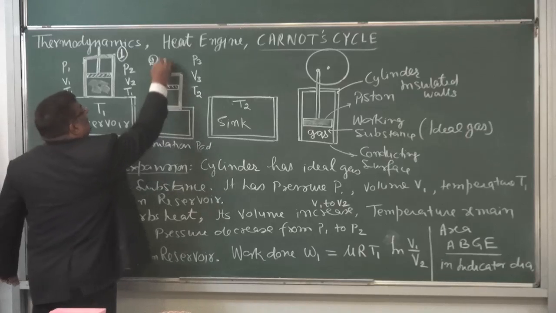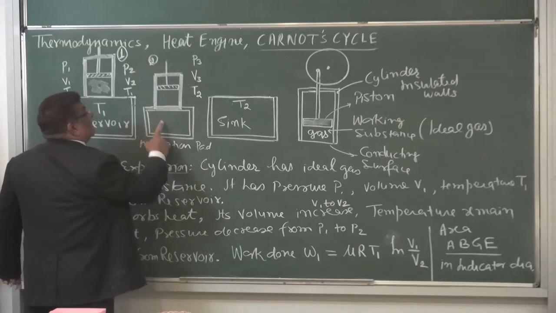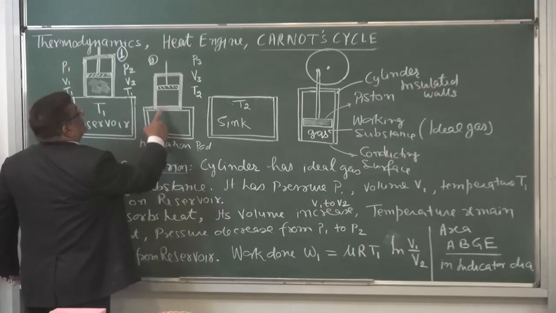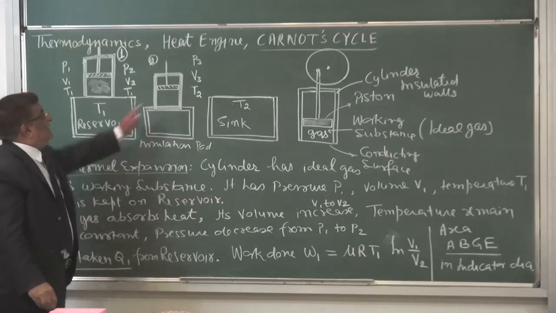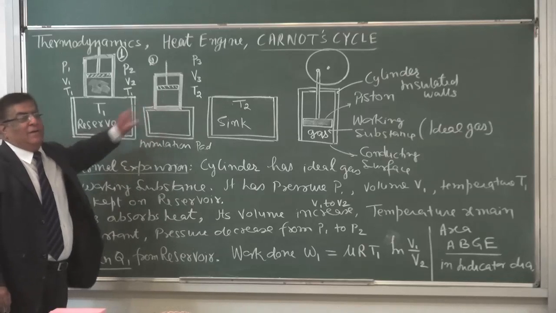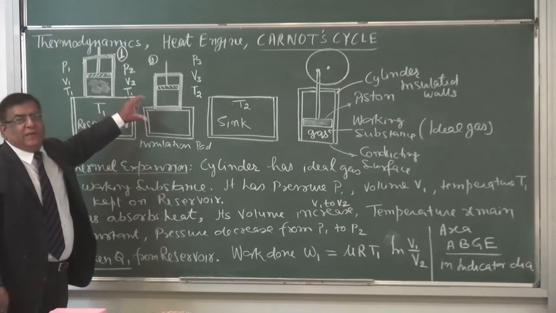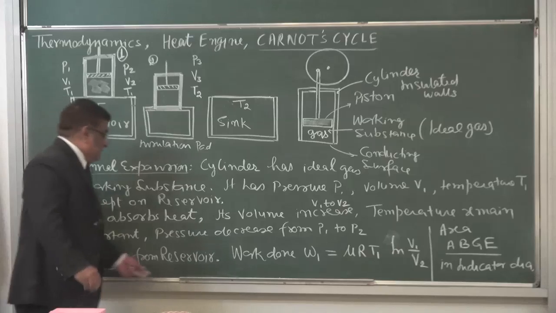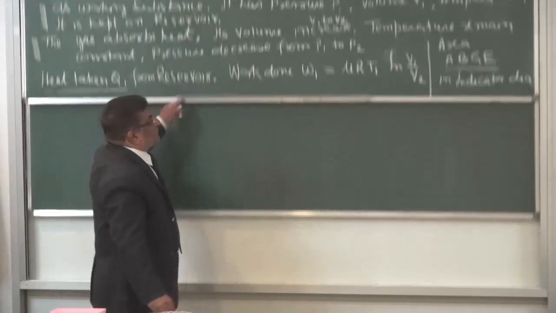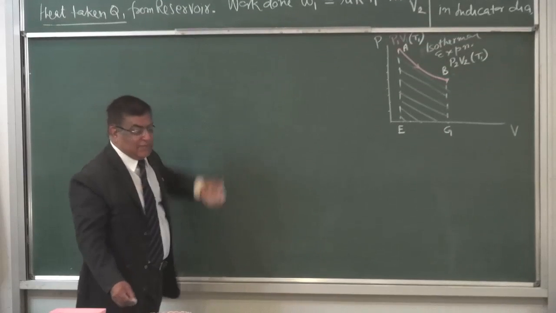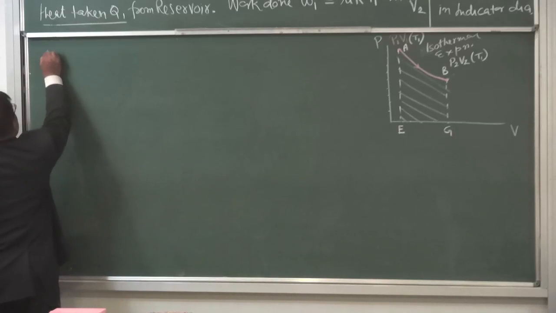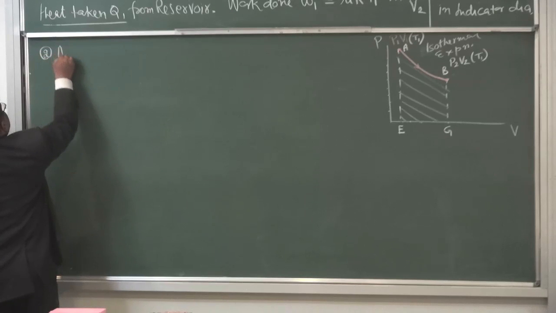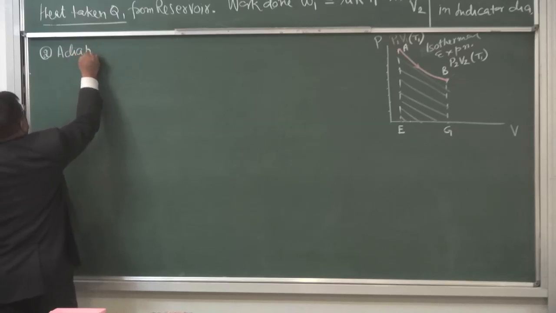So after this adiabatic expansion, the volume increases and the temperature becomes down. This is what happens here. Now this process which I have told you, we will write it. That is process number 2. The name of this process is adiabatic expansion.